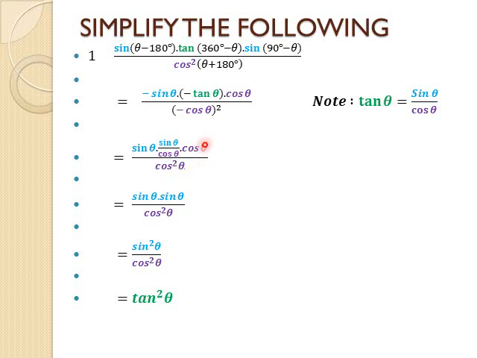You should see now sine theta or cos theta, cos theta would cancel, and I'm left with sine theta times sine theta, bottom cos squared theta. Sine times sine will give me sine squared theta, and sine squared theta over cos squared theta gives me tan squared theta, right? I assume you know that's called a quotient identity, right?